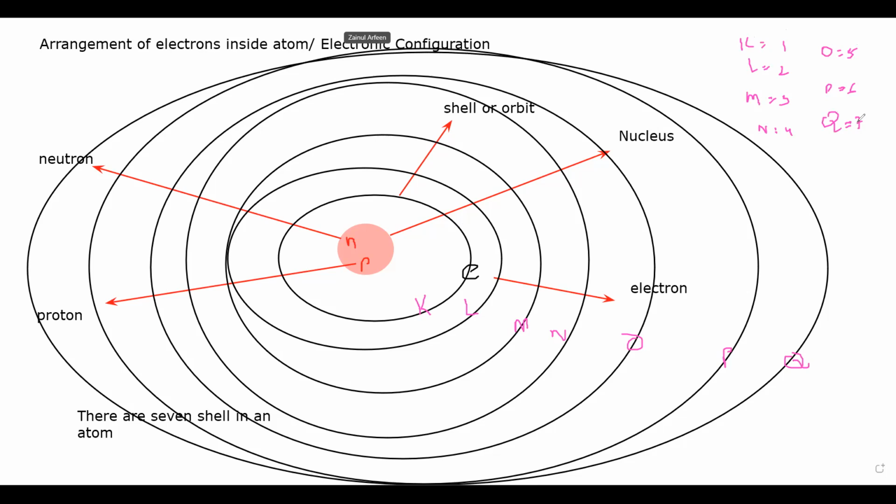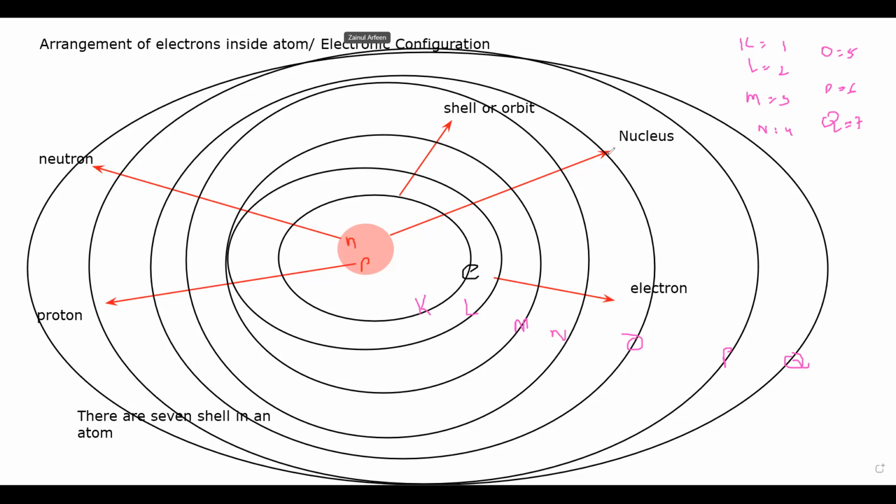So you have to learn why they are called K, L. Why did they not start with A, B, C, D, why did they start with K? Because, as we discussed, the atomic mass is represented by A and the atomic number is represented by Z. So some of the letters are already used.